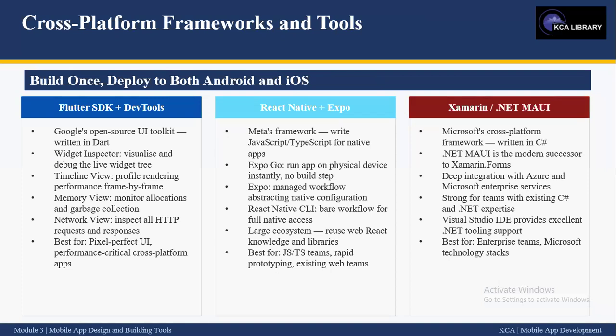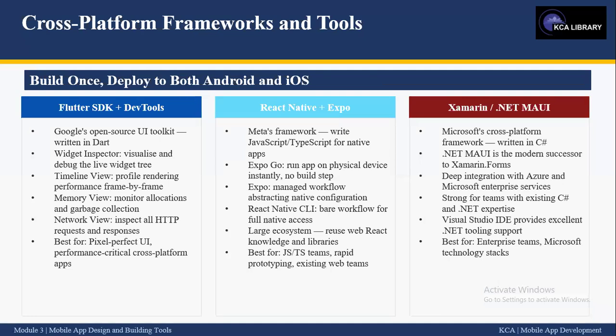Cross-platform frameworks and tools. Build once, deploy to both Android and iOS. Cross-platform frameworks enable developers to build applications for multiple platforms using a single code base. Flutter, for example, developed by Google, offers high performance and precise control over user interface design.